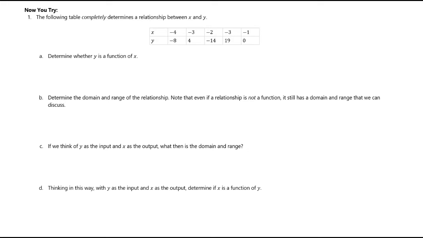So if we think of this as y of x, we see that this is not a function. And our reasoning here is because x equals -3 corresponds to two different y values, right?